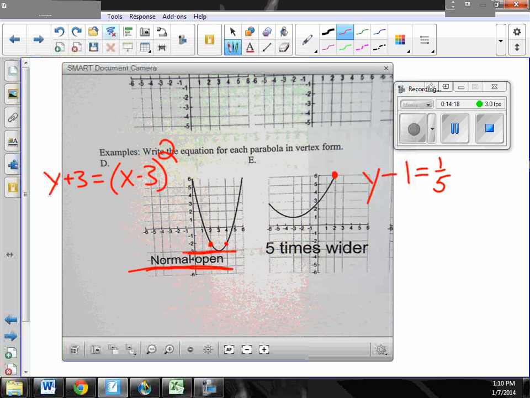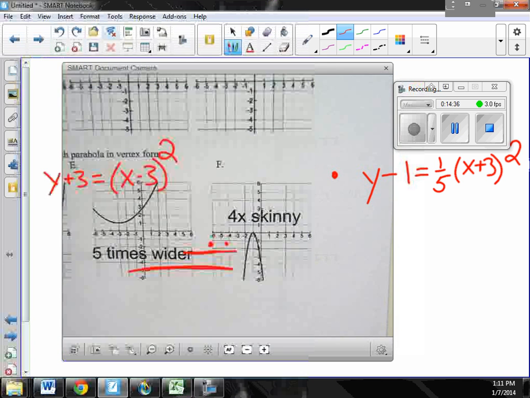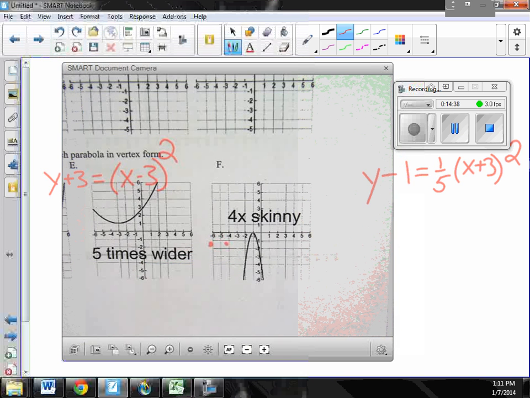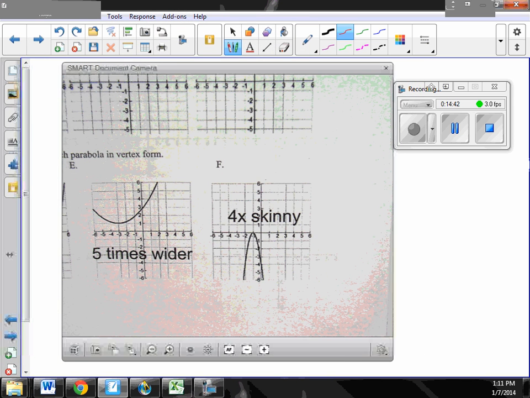Fractions are fat. Times x plus 3 squared. Does that make sense? So over here, right, fractions are the fat graphs. That's how I've always remembered it.